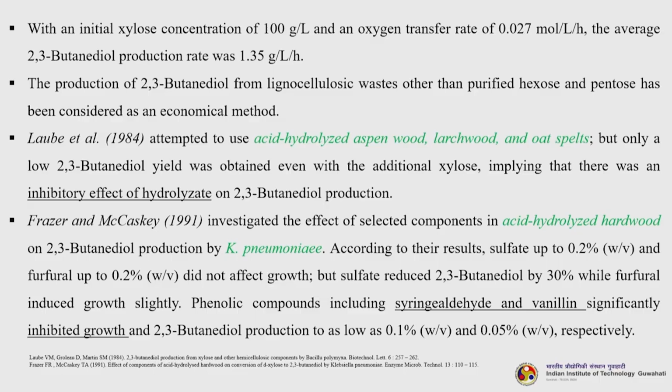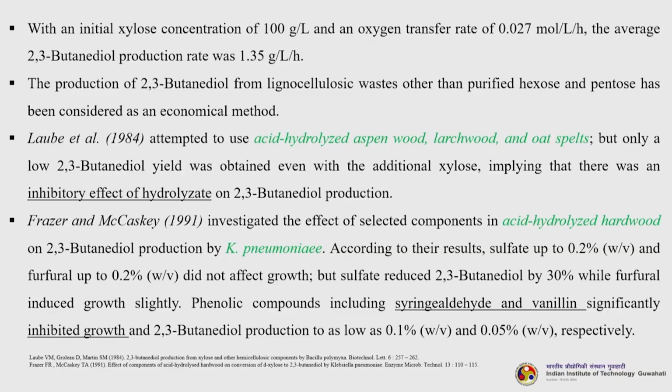Phenolic compounds including syringaldehyde and vanillin significantly inhibited growth and 2,3-butanediol production at as low as 0.1% and 0.05% respectively. So, both these components, syringaldehyde as well as vanillin, are great inhibitors in the fermentation process using this particular strain.